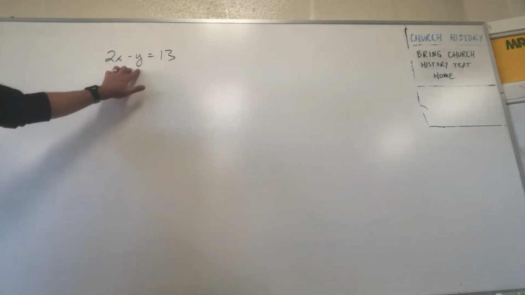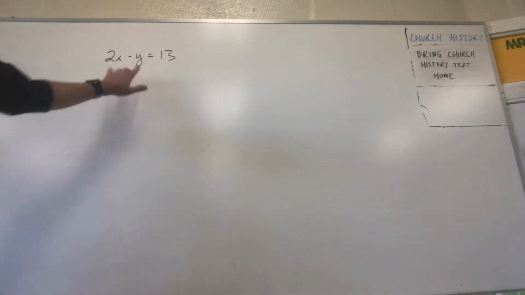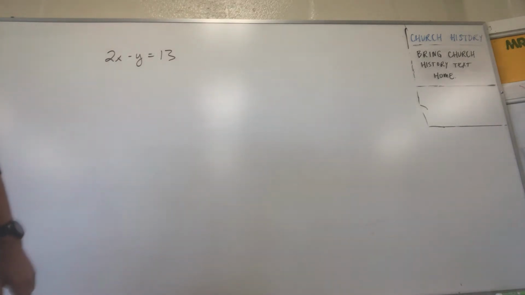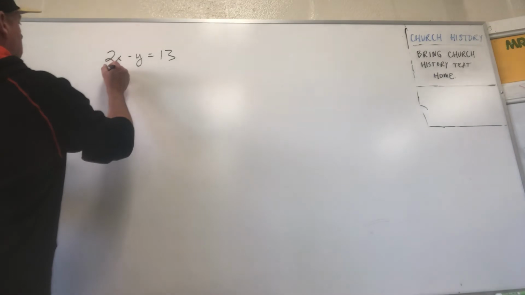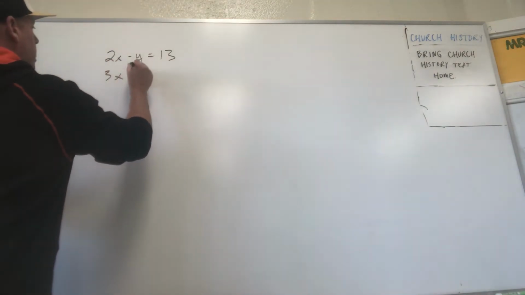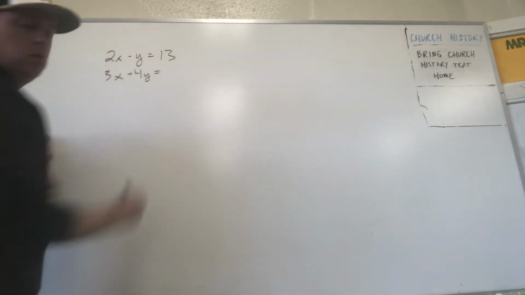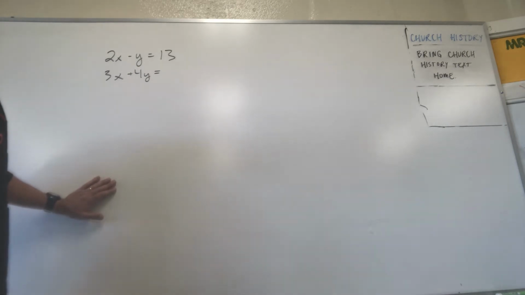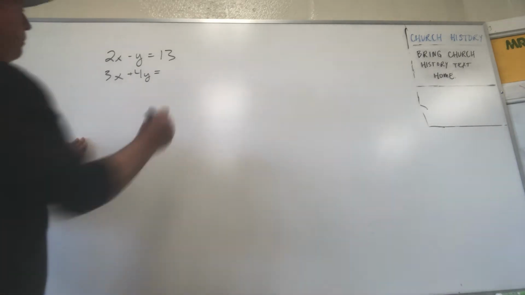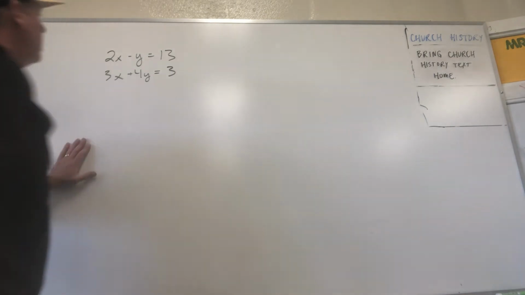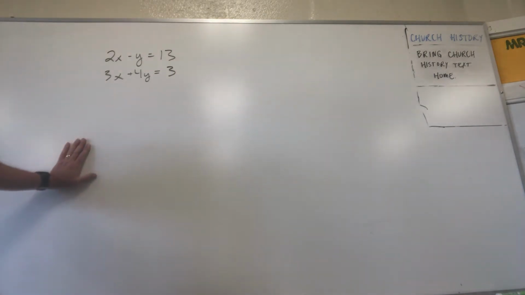We have no idea what x and y are, but it also gives us another one: 3x plus 4y equals 3. Now it's asking us to solve for x and y.